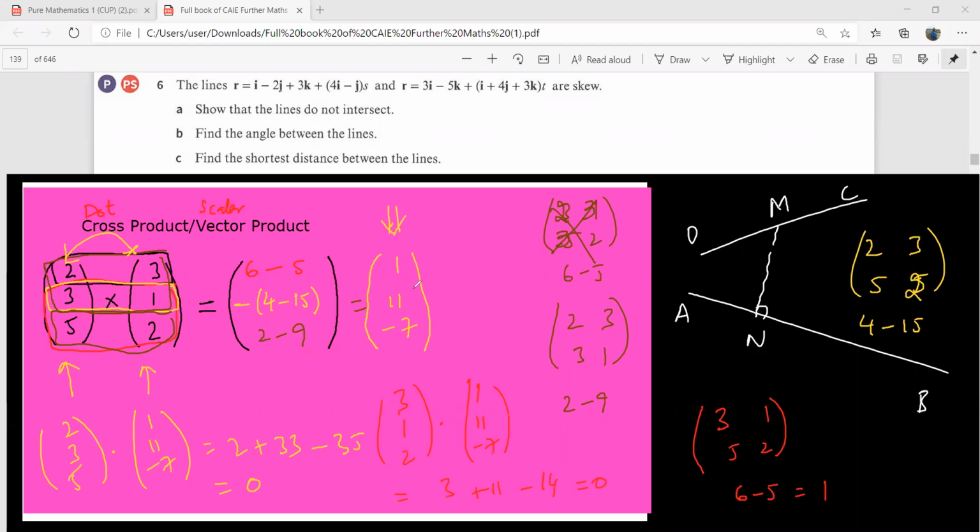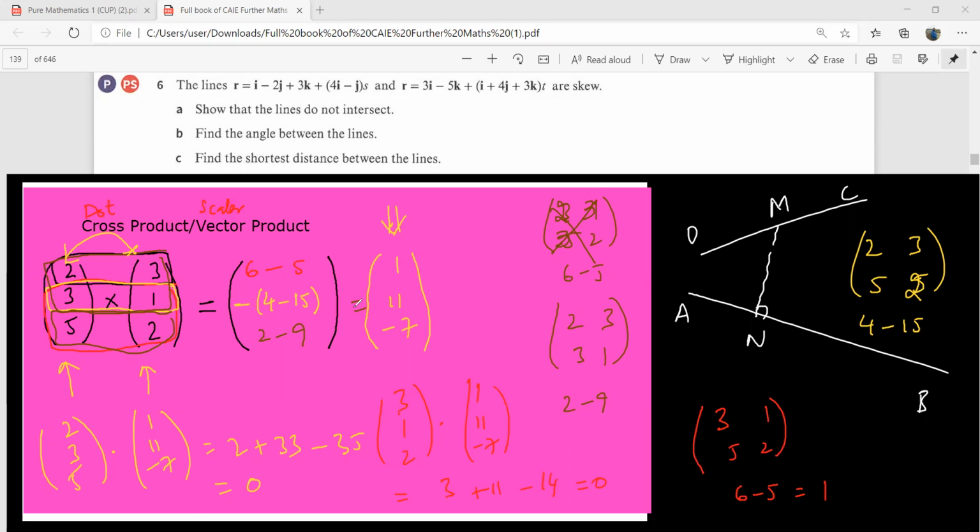A vector obtained, please write it down, a vector obtained through the cross product of two different vectors is perpendicular to both of the vectors being cross multiplied.